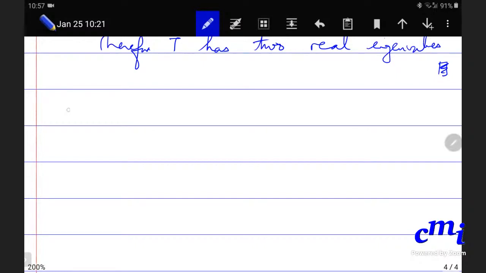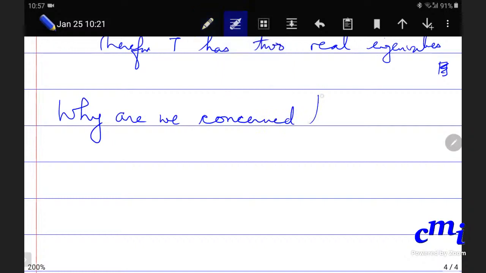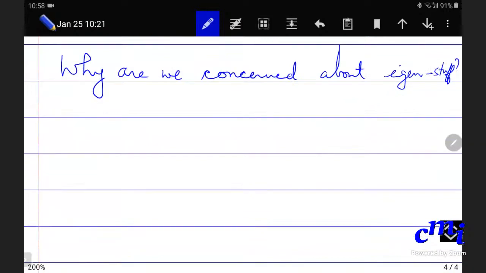So let us briefly ask, why are we concerned about this eigen stuff? Eigenvalues, eigenvectors, eigenspace.